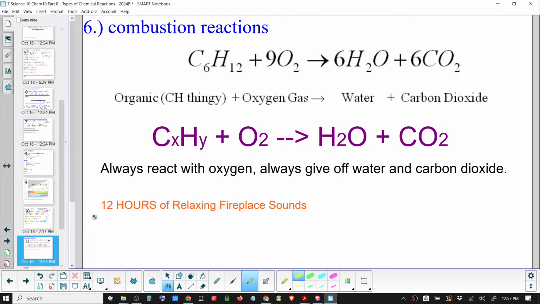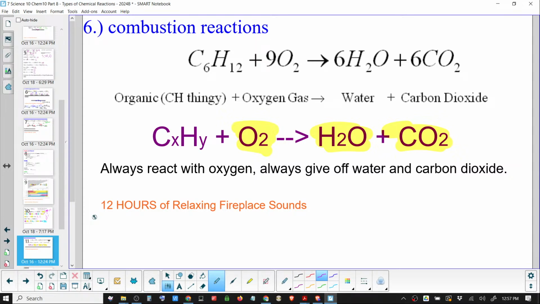And this, all combustions have in common. You have an oxygen, you give off water, and you give off CO2. Any CH or CHO compound can work.